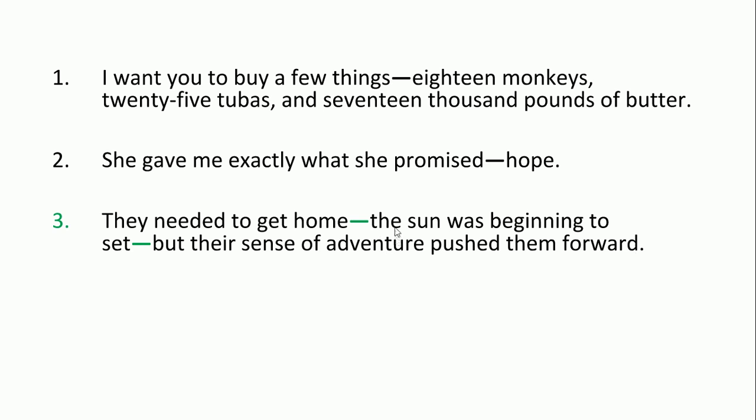And the last thing we have to check is, is this non-essential information? So they needed to get home, but their sense of adventure pushed them forward, or they needed to get home, the sun was beginning to set, but their sense of adventure, and so on. Yeah, this is non-essential. The sentence reads the same either way. This just provides a little more information about why they needed to get home. So non-essential, dashes were cool.